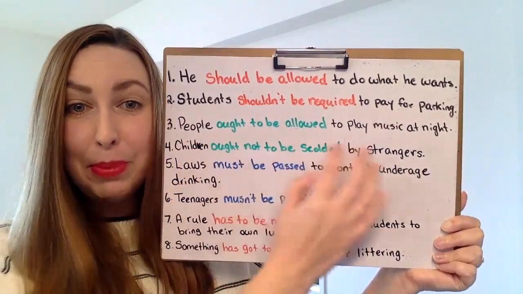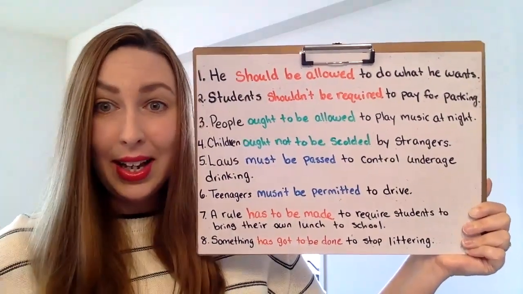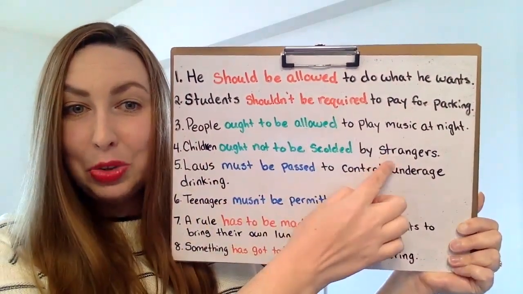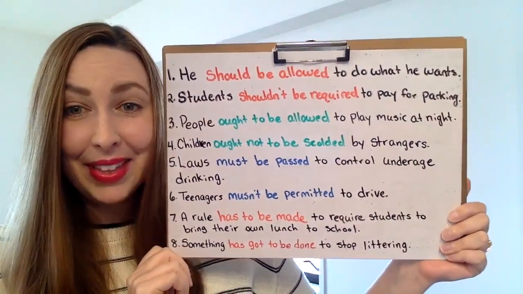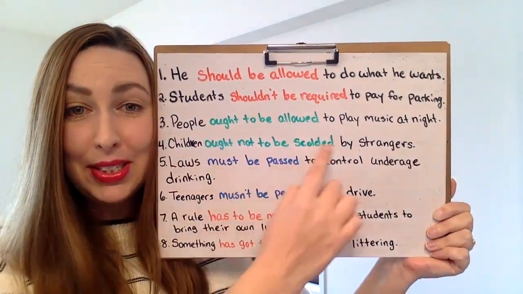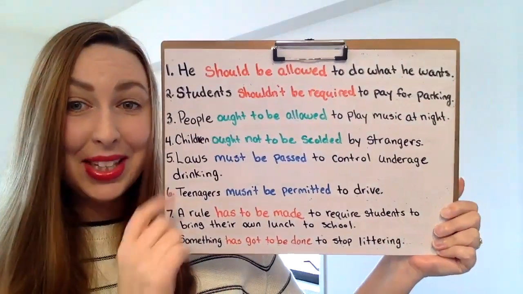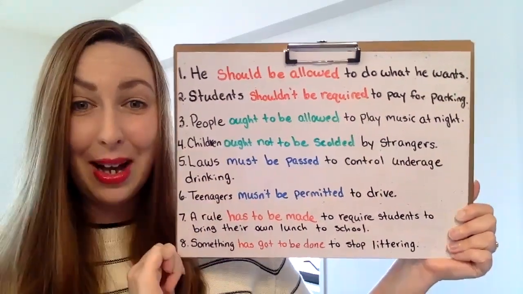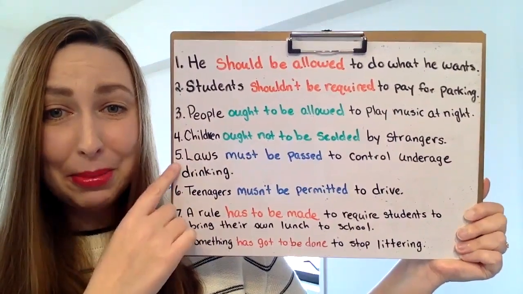So in this opinion, maybe children's parents or siblings can scold them, but strangers ought not to scold children, okay? Children ought not to be scolded by strangers. What do you think? Do you agree with number 4 or do you disagree? Let me know in the comments. Okay, let's move on to number 5.